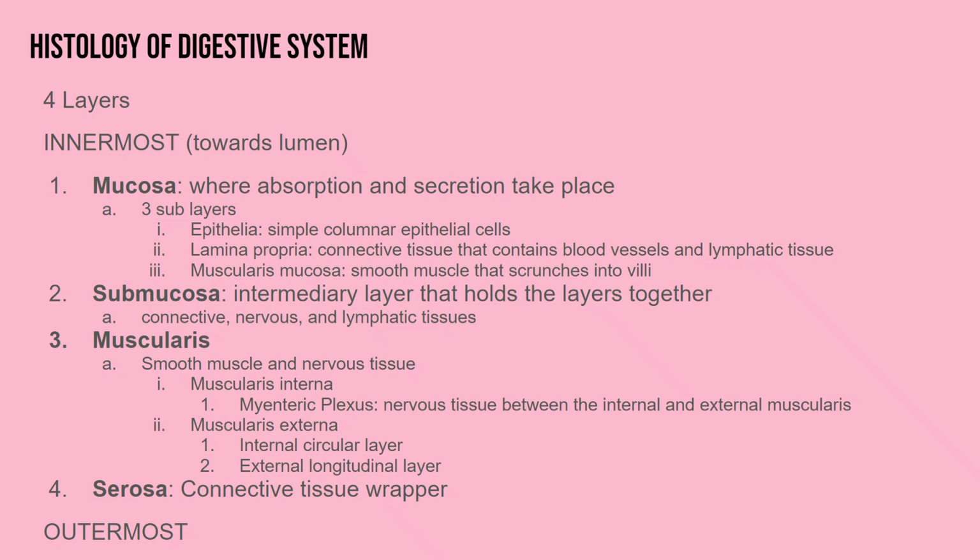Something to note is the myenteric plexus. This is a layer of nervous tissue, so the nervous system innervates the digestive tract. And then there's serosa on the outside, which is just a connective tissue wrapper.